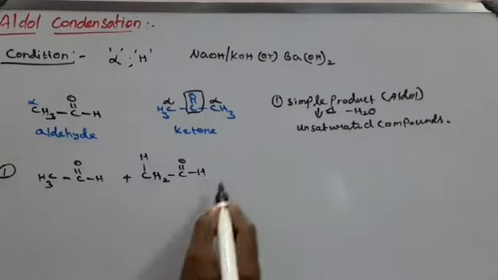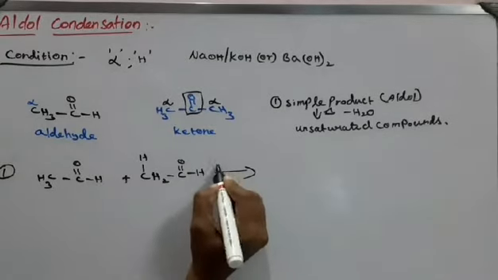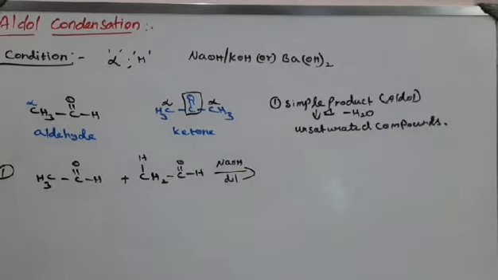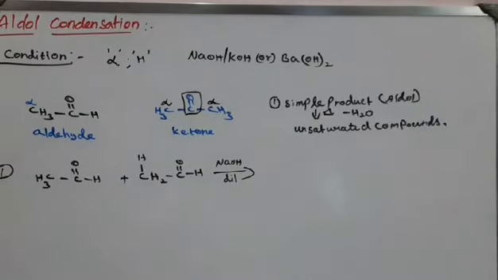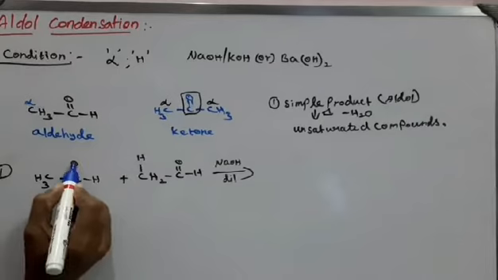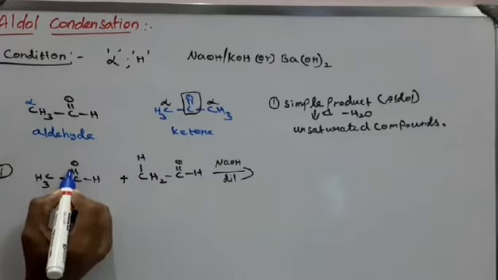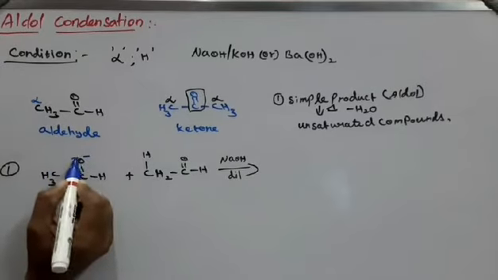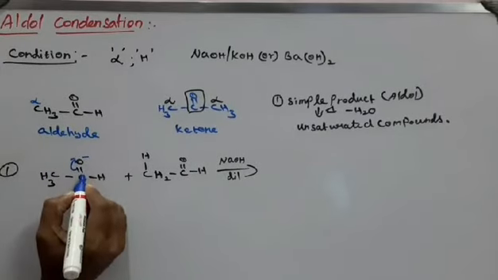Here, in the presence of dilute sodium hydroxide alkali, what is happening is that the pi bond, being highly electronegative, shifts. So this oxygen attains a negative charge and this carbon a positive charge.